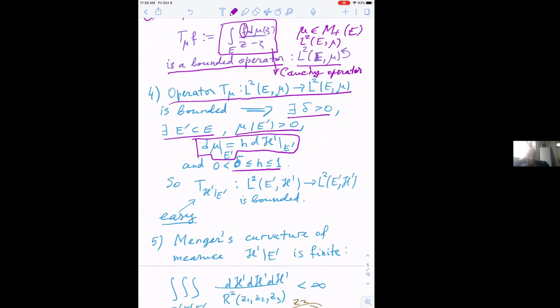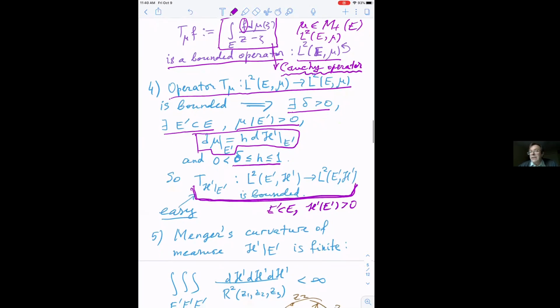So from this easy step, you conclude again easily that a slightly easier operator is also bounded. Not the Cauchy operator with respect to some enigmatic measure mu, but the Cauchy operator with respect to H1. So you conclude that there exists a subset of positive length, H1 of E prime is positive. E prime is a subset of your E. And the Cauchy operator with respect to length on this E prime is bounded.